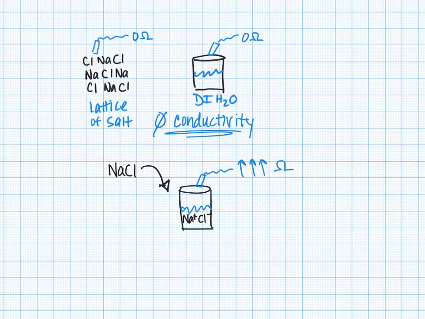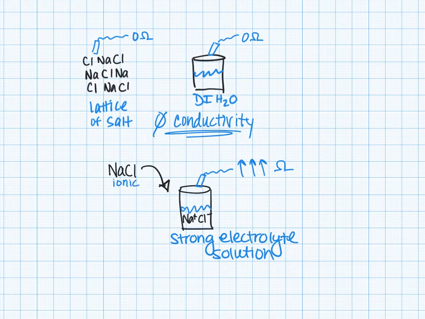So the electrons can flow through this solution, and this is what we call a strong electrolyte solution, because I have an ionic compound. So right here I have an ionic compound that when it goes into water, it completely ionizes. So it's the presence of ions in the solution.